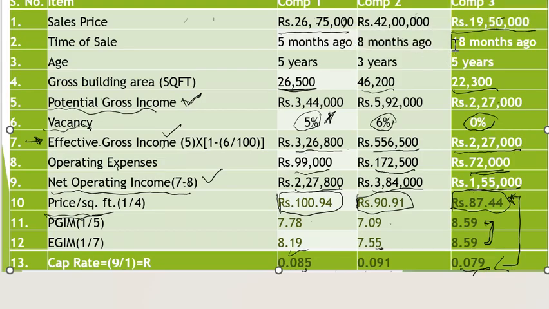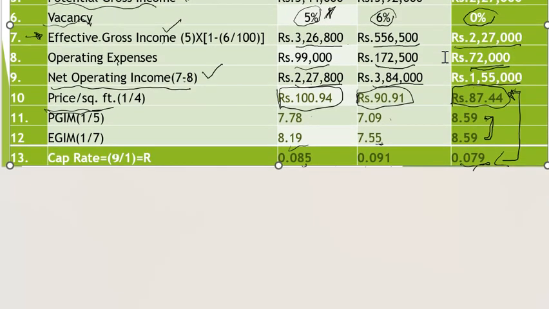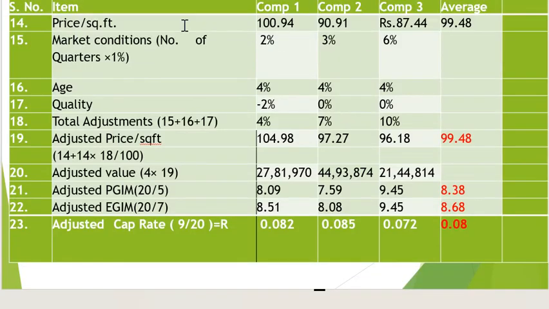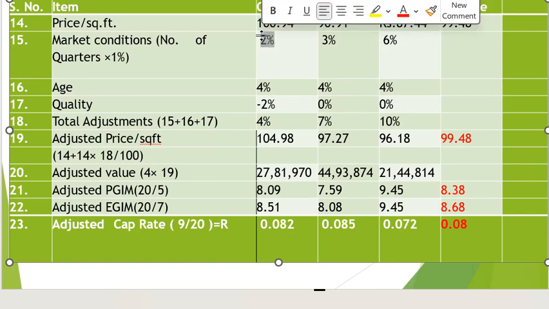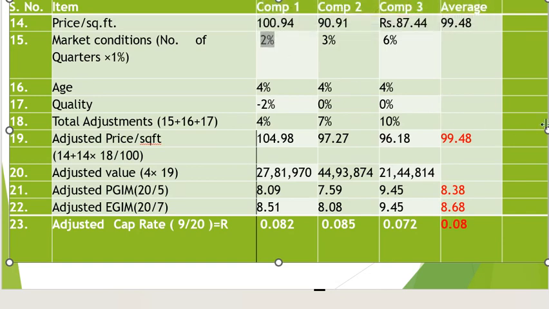It was sold 18 months ago, means 6 quarters. So its price will be increased by 2% for 2 quarters, 3% for 3 quarters, and 6% for 6 quarters. So you have to increase the prices due to the time factor. First of all, you have to apply the time factor: 2%, 3%, and 6%. You understand how this comes.